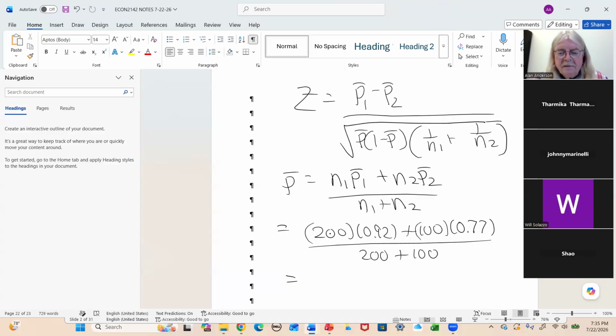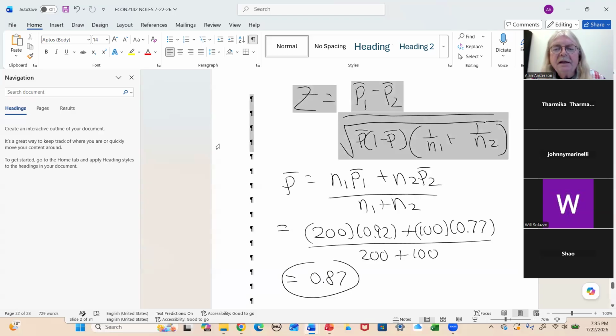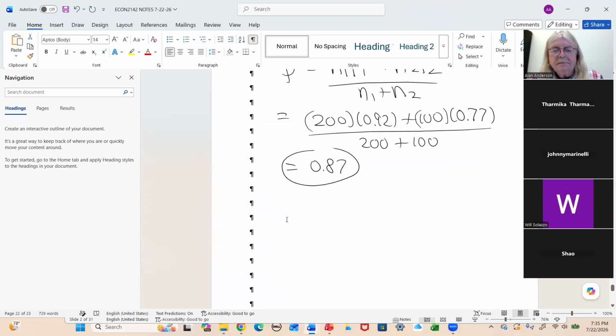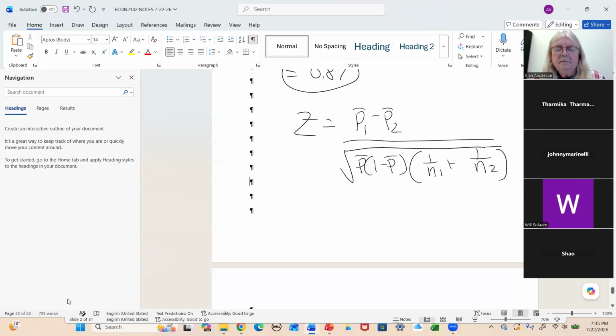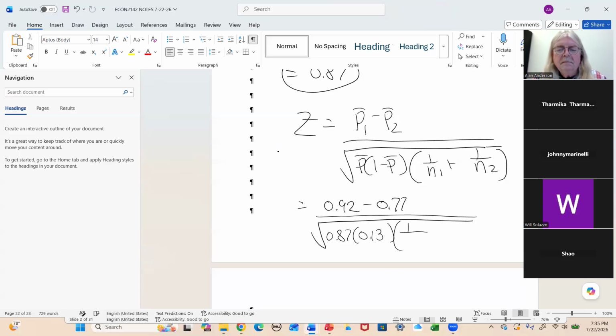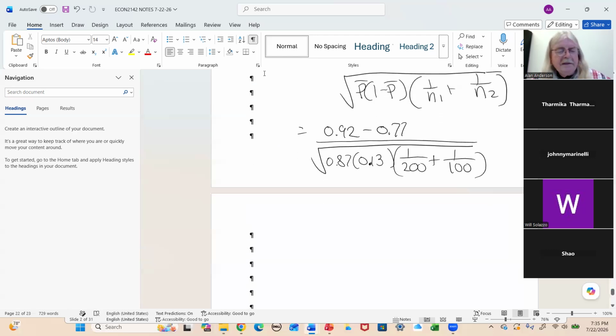Point 87. That's the average between the two countries. So now we can pop everything into here. Ooh, yeah, that's a tough one.